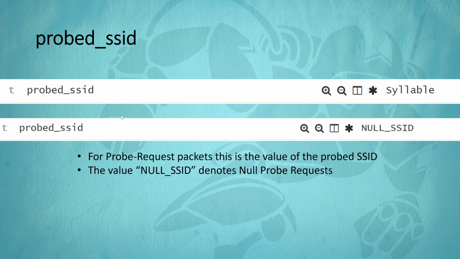So the next thing we want to look at, of course, is probed SSIDs, right? We know that clients send out these periodic probe requests. And of course, they can be null probe requests, which is denoted by the value null underscore SSID, or they could be probing for access points which they've connected to before, and they're trying to see if those APs exist in the vicinity. So this is again another convenience feature.